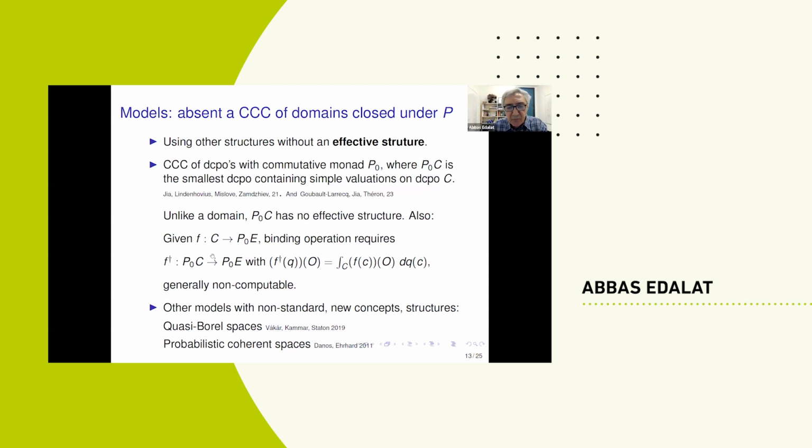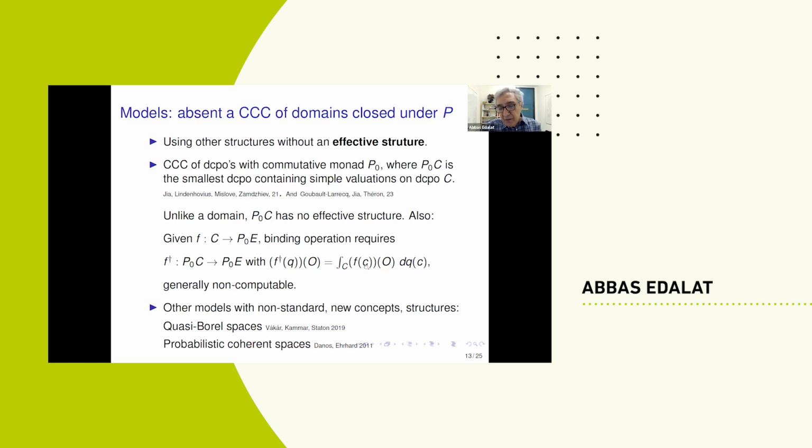Also, when you look at the monad construction, which is inherited from Giry's categorical construction in classical measure theory, the binding operation is quite involved, because from a function from a DCPO to the minimal valuations over another DCPO, you need to construct a function from the minimal valuations over C to the minimal valuations over C. And what this turns out to be, for a given open set, you have a function f and an element little c in C. So f(c) would be a minimal valuation.